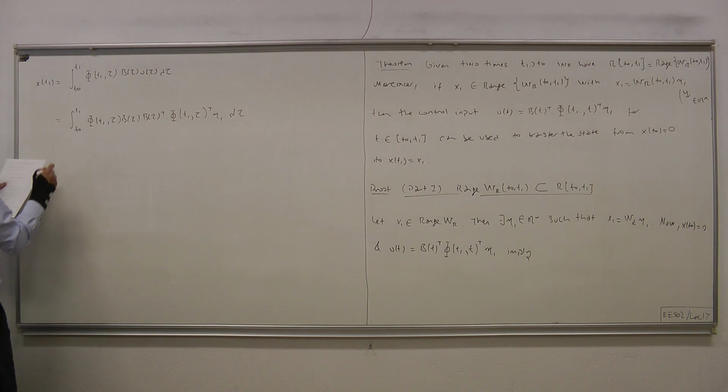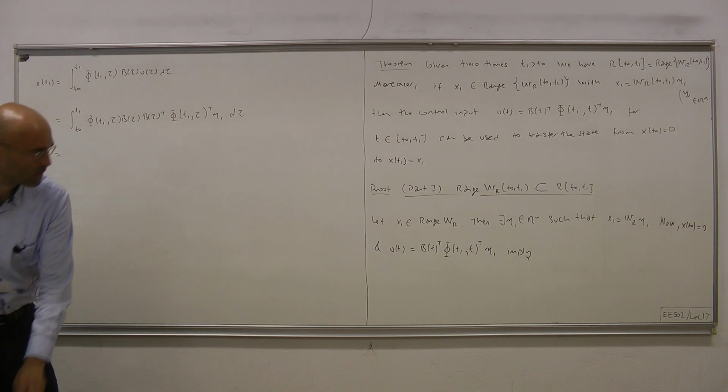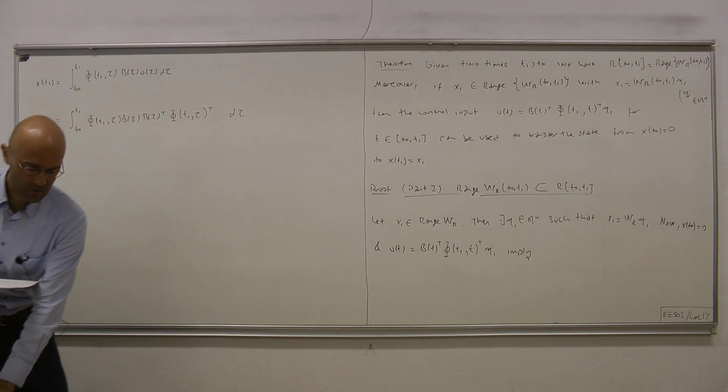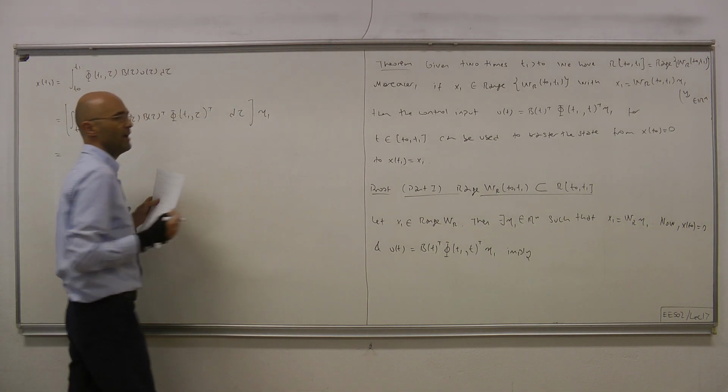Since eta 1 is just a constant vector, this can be written as this whole thing times eta 1.